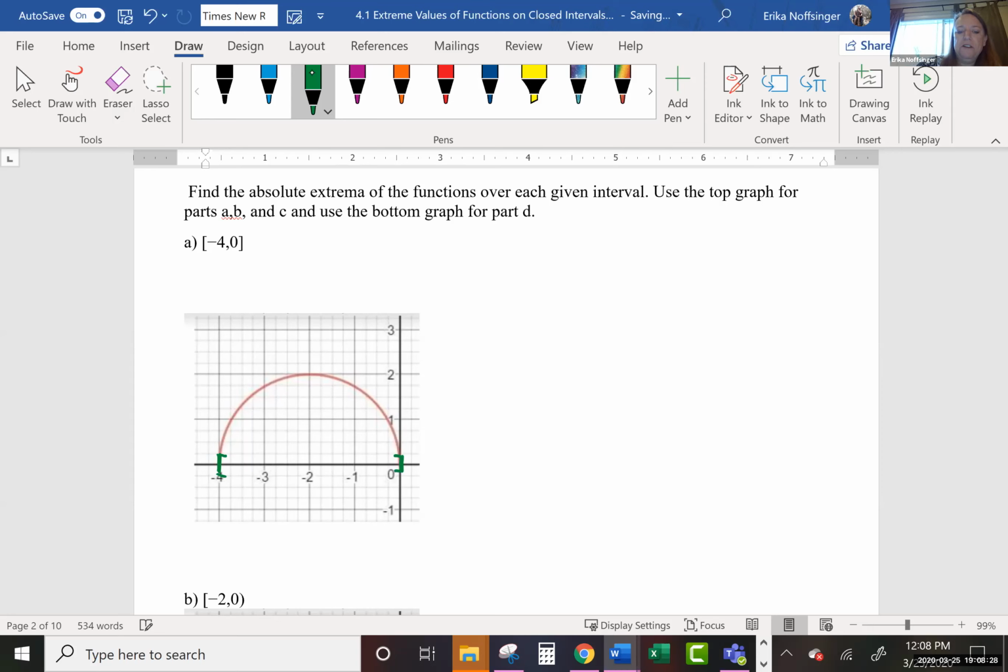And if we look in between here, there's a highest point right here, right? And so when x equals -2, f of -2 is equal to 2. So notice, this is the highest value on the graph between -4 and 0. And so this would have to be an absolute maximum.